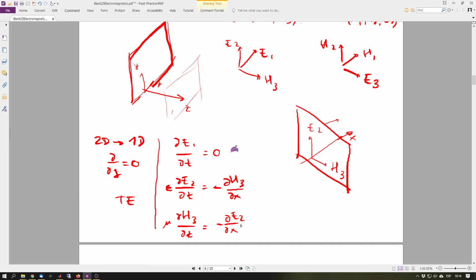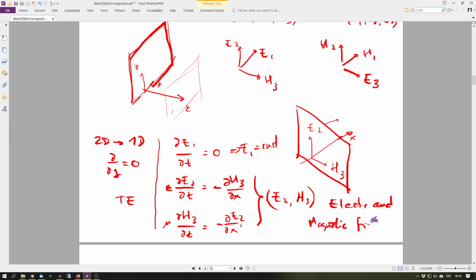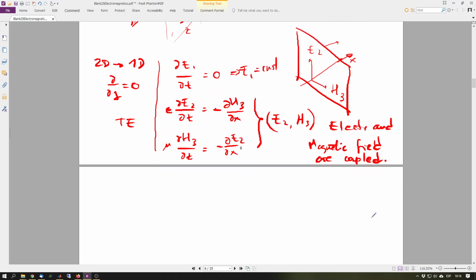This is E1 equal to a constant, and having a set of equations between E2 and H3. But still, even if we go to 1D, the electric field and the magnetic field are coupled, in any reduction that you may use.